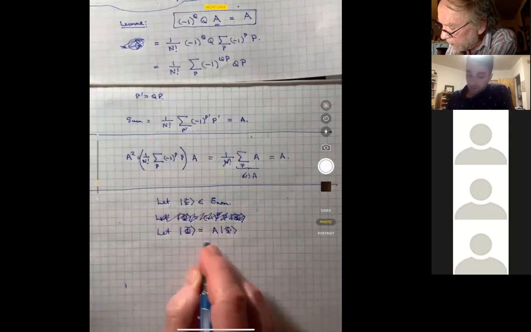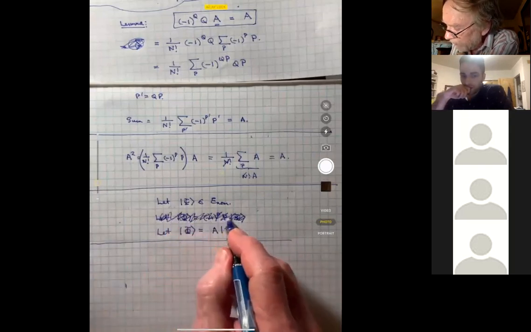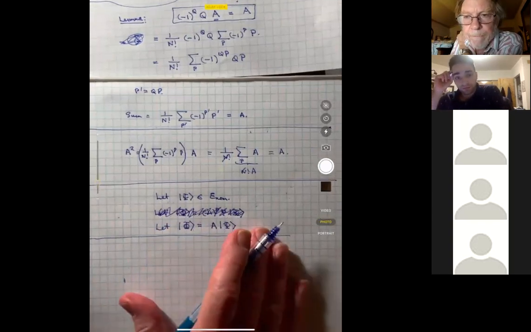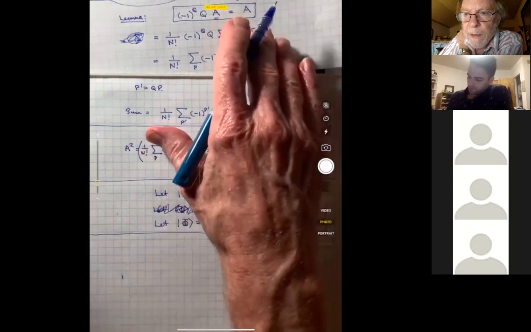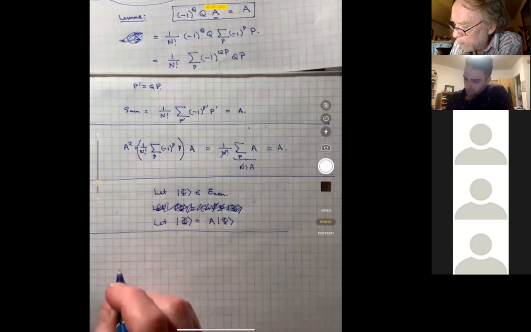We claim it's an anti-symmetrizing projector. I want to prove that it is. To prove that it is, I need to show that this state Phi belongs to the physical subspace. If it belongs to the physical subspace, then the anti-symmetrizing projector doesn't do anything to it.